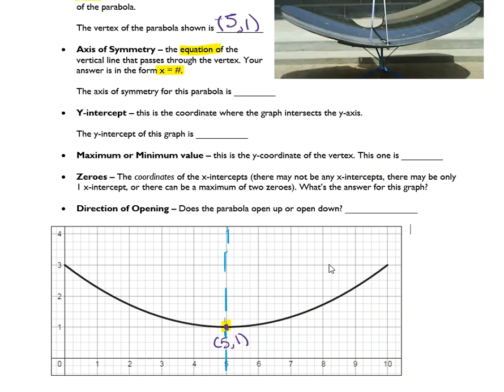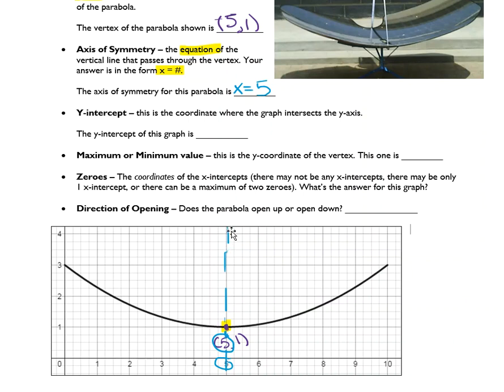Anyway, this dotted line that I just drew is the axis of symmetry, and it's a line. So it has an equation. And all you have to do to figure out the equation is look at where it crosses the x-axis. In this case, it's a 5. Or you just look at the first number of your vertex, and that will be your equation. Don't forget the x equals 5. That's the equation of my axis of symmetry.